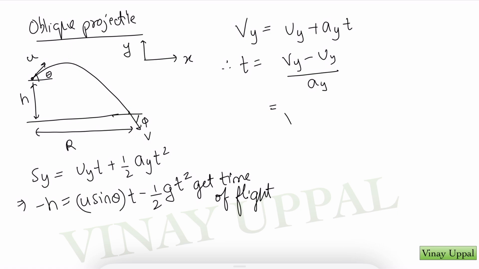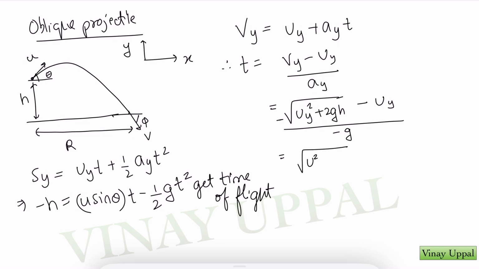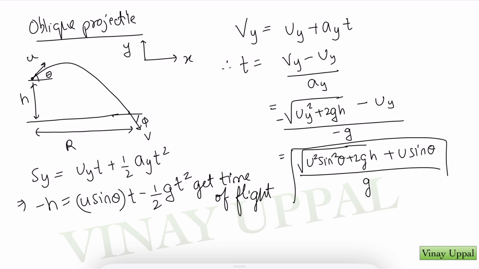So can I write vy as simply the square root of uy squared plus 2gh, with a negative sign because vy will be downwards, I have taken upward as positive y-axis, minus uy, divided by... So this will simply be u squared sine squared theta plus 2gh, plus u sine theta, uy is u sine theta, divided by g. So that is your time of flight.